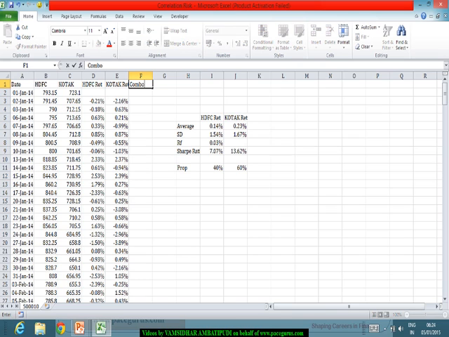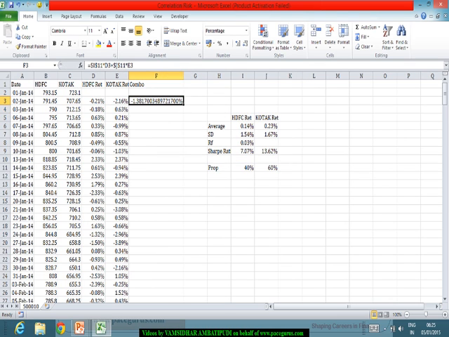Now what is happening here? For the combo we have created, the returns are 40% times the HDFC returns plus 60% times the Kotak returns.